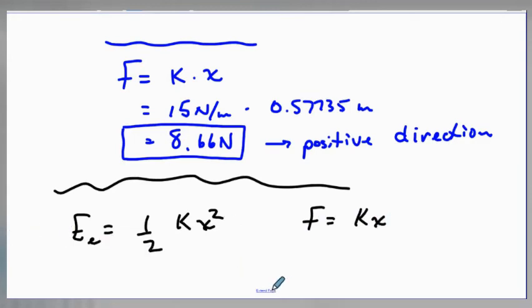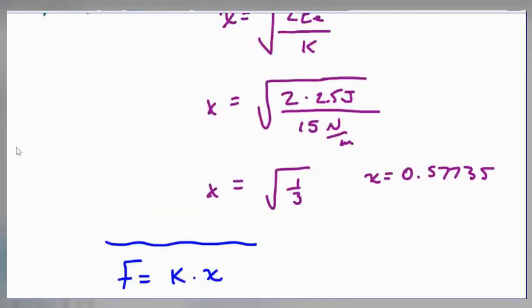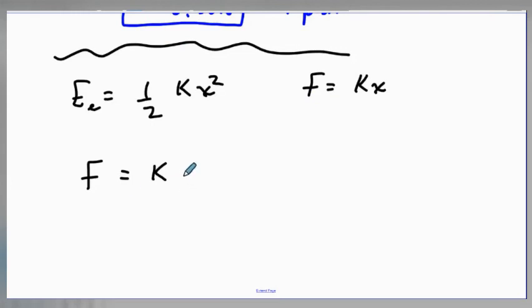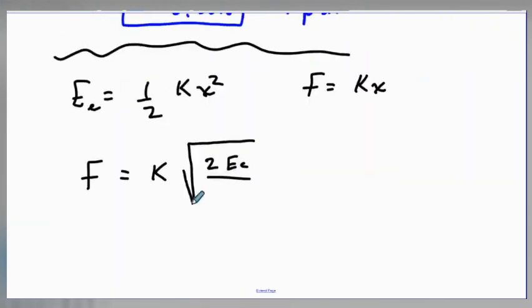So can we combine all this into one big equation? Let's see. I want to know the force. So the force is K times X. And what was X? If we go back here, X is the square root of 2 times the energy divided by K. All right, let's see.